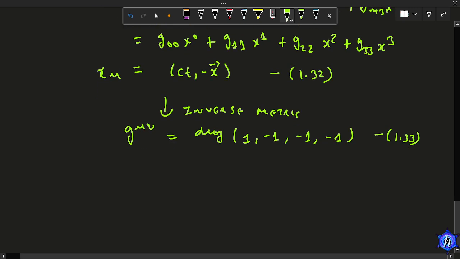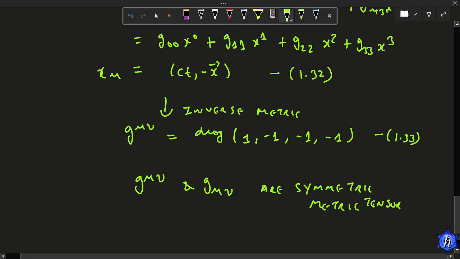Now you can see that g mu nu upstairs and g mu nu downstairs are symmetric metric tensors.